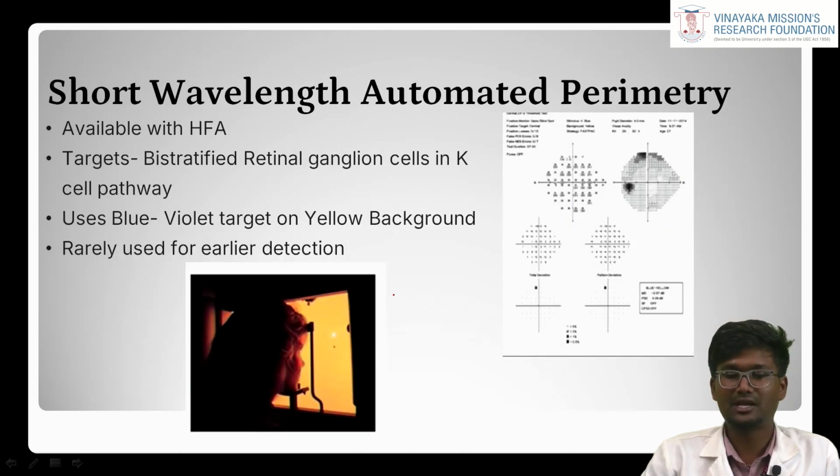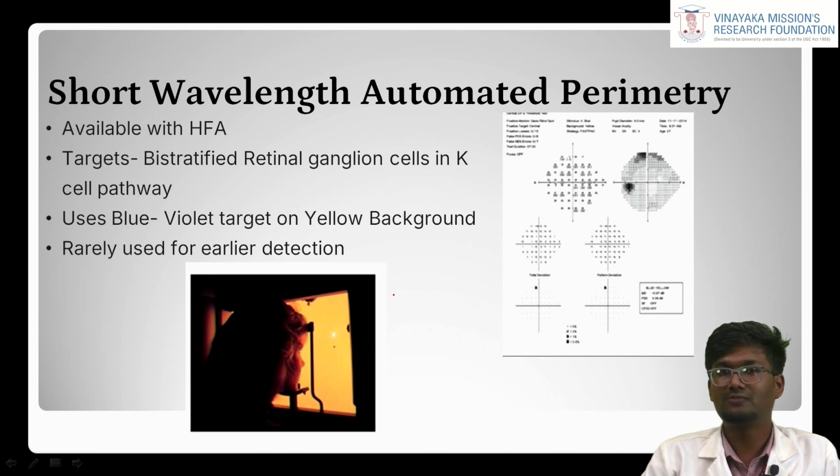And the next psychophysical perimetry is short wavelength automated perimetry, which is available with the HFA, Humphrey Field Analyzer. It uses a yellow background and a blue violet target. Using a blue violet target on a yellow background, there will be a chance of stimulating the parvocellular pathway, because the parvocellular pathway is responsible for finding colors and also high frequency findings and also shape.